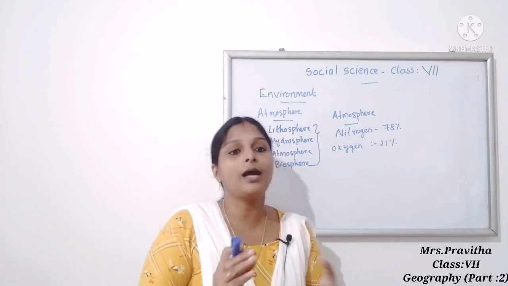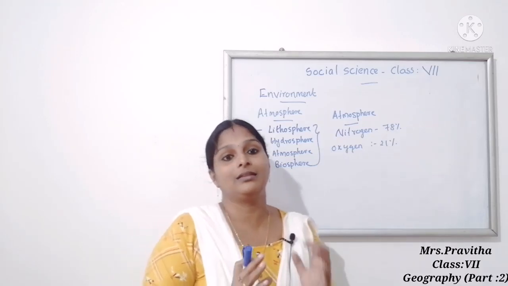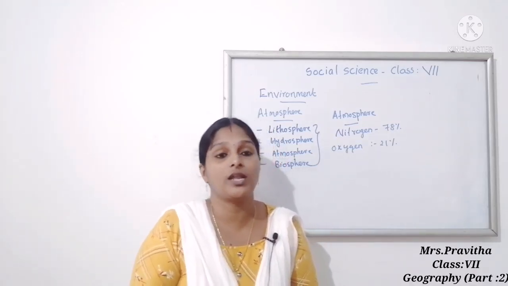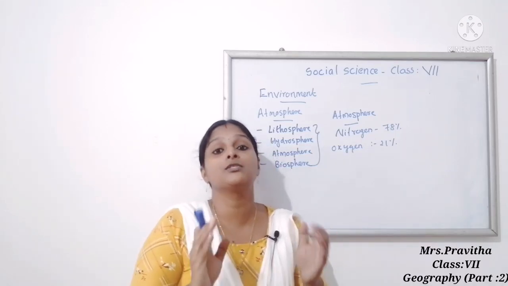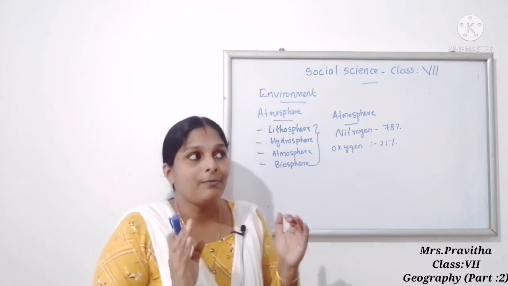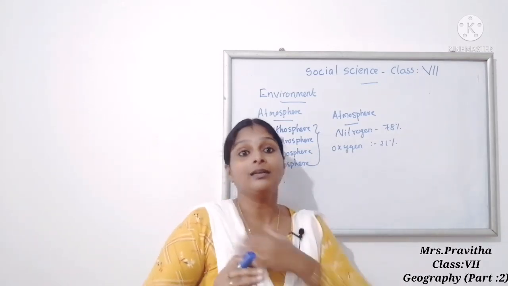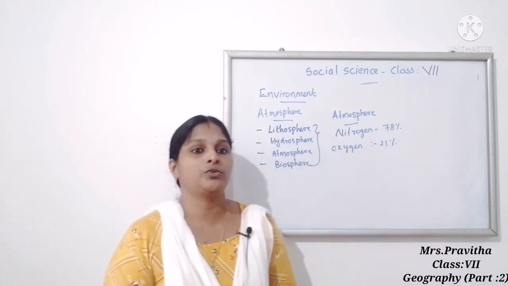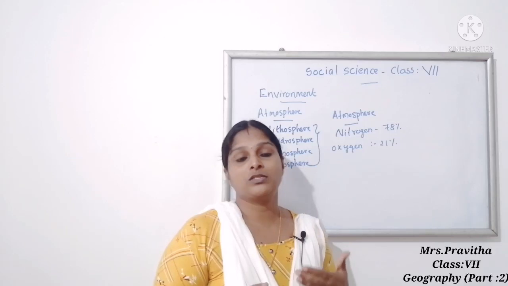Carbon dioxide is known as a greenhouse gas. Greenhouse gases are responsible for keeping the atmosphere warm. Besides these gases, many other contents are also there in the atmosphere, such as water vapor, dust particles, smoke, etc.